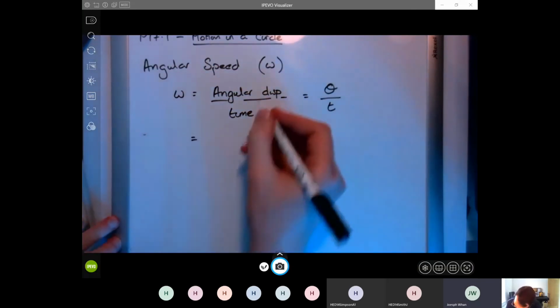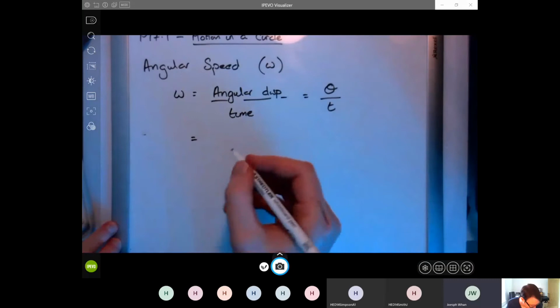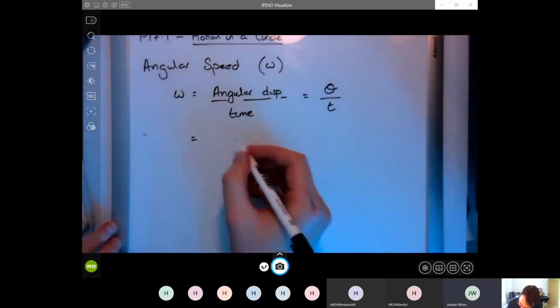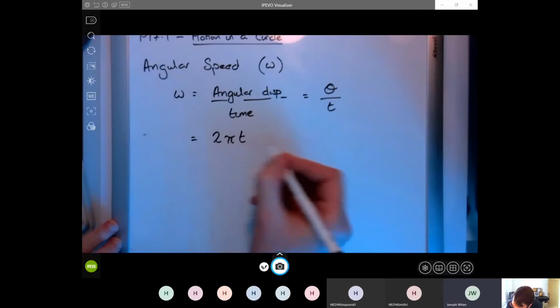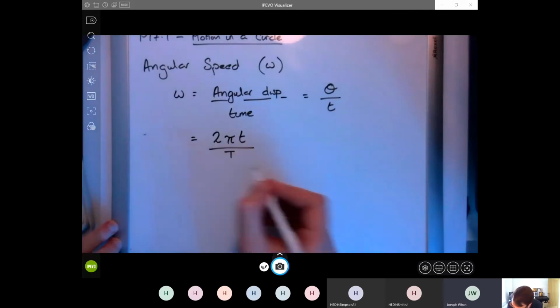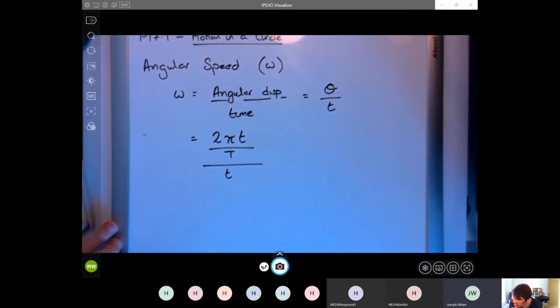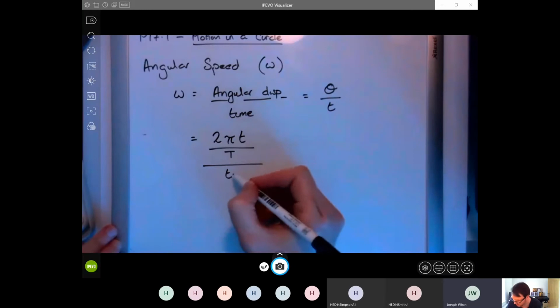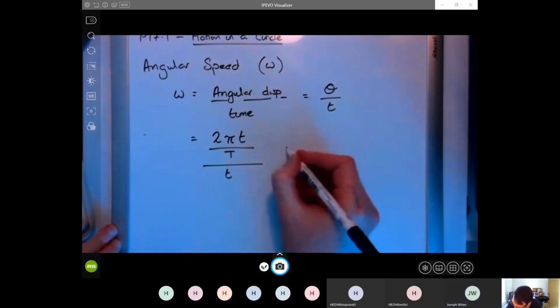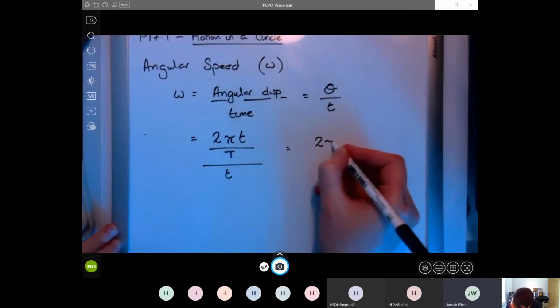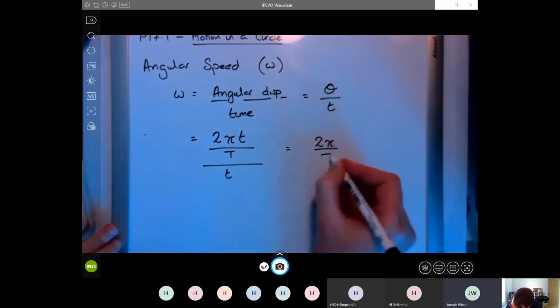Well, angular displacement we've just learnt is 2 pi t divided by big T. We're dividing that by time, little t. So the t's are going to cancel, and we're going to be left with 2 pi over big T.